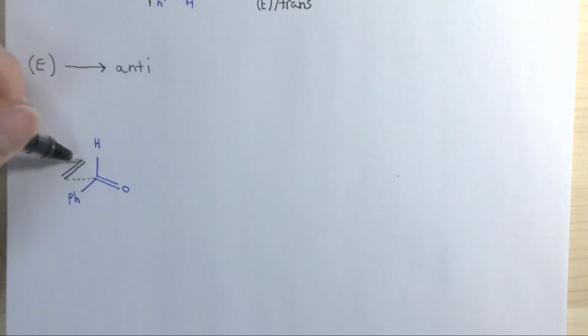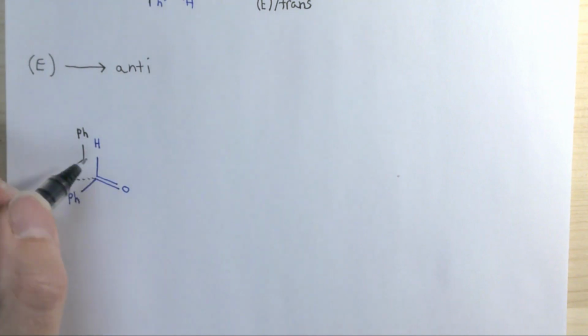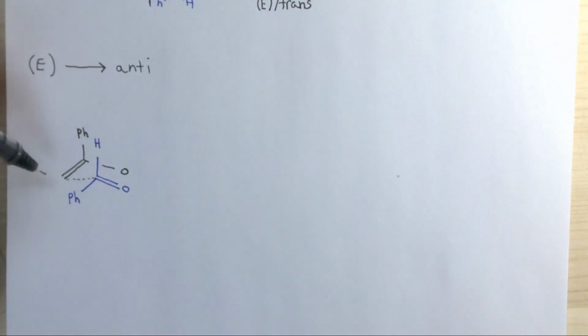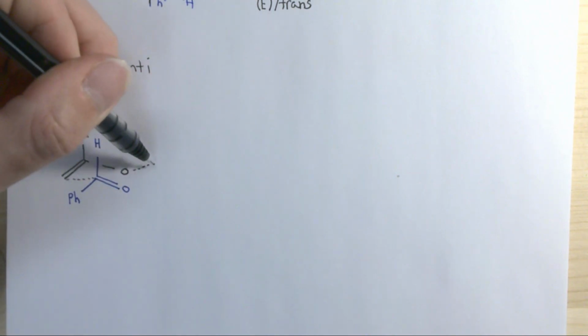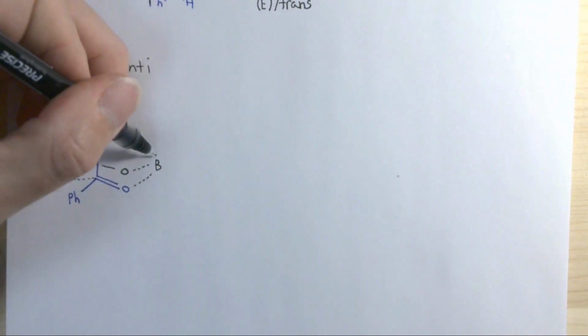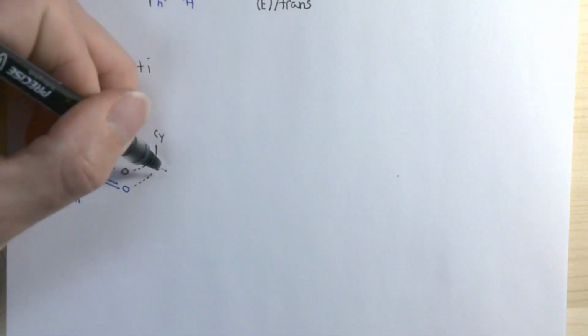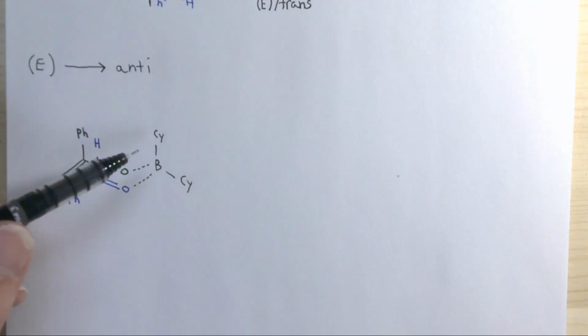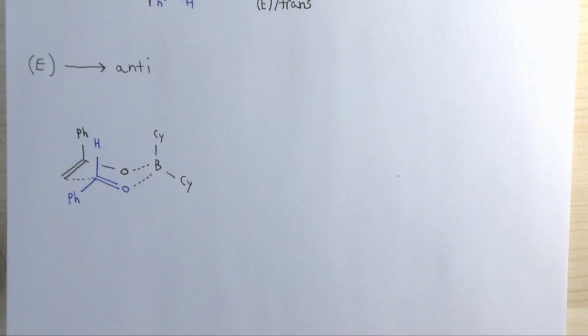And I still have a phenyl group, just like with the last problem we looked at, in this position here. And then I've got the O- hanging out here in back. That's bonded to the boron, which is also going to bond to the aldehyde. And then I've got a cyclohexyl group in each of the two positions. The pseudoaxial would be this one, and then this would be the pseudoequatorial.